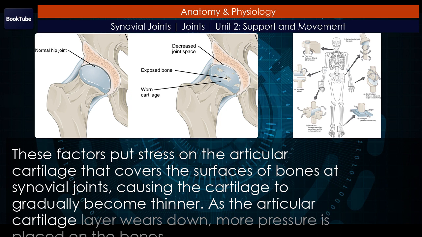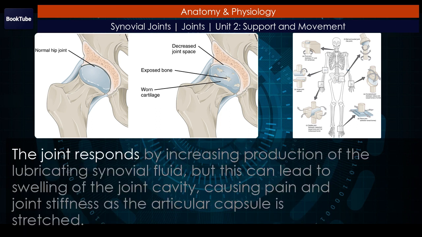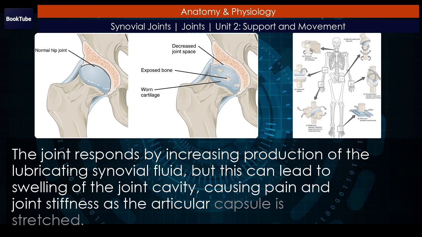As the articular cartilage layer wears down, more pressure is placed on the bones. The joint responds by increasing production of the lubricating synovial fluid, but this can lead to swelling of the joint cavity, causing pain and joint stiffness as the articular capsule is stretched.